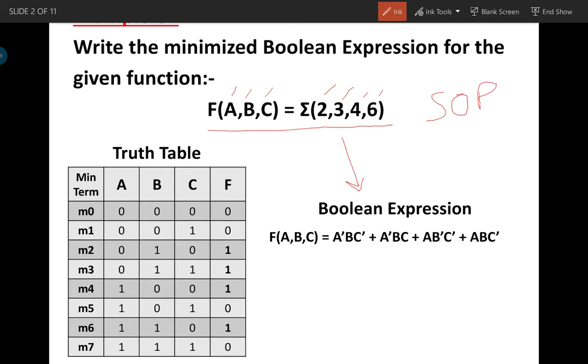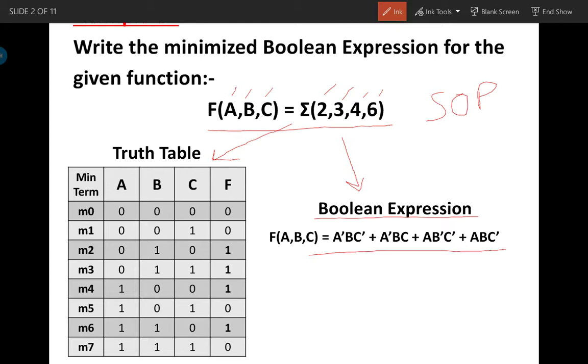This expression can also be given in the Boolean expression form. All the min terms are represented here in the form of sum of products, and similarly the same expression can be shown in the truth table also. So all three are one and the same thing, and you can find any of these in a given question, right?